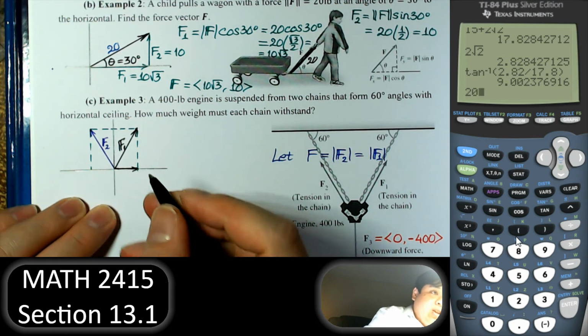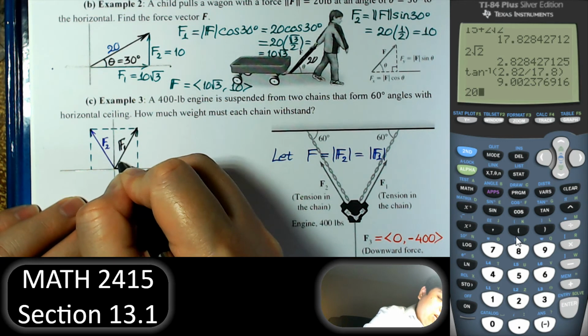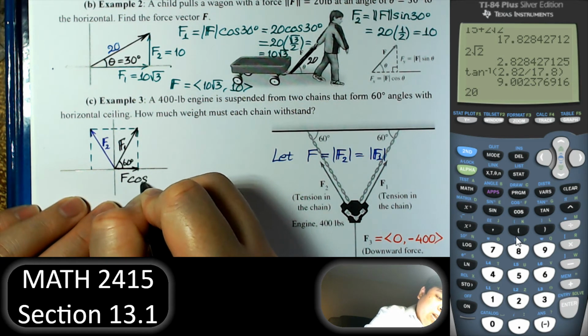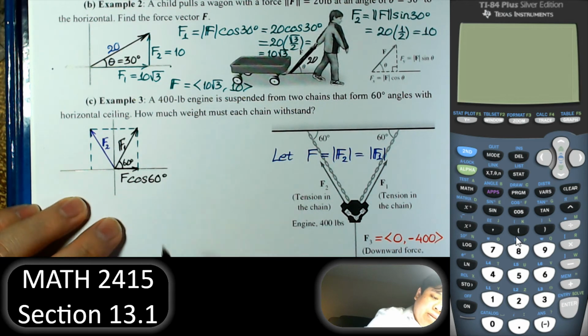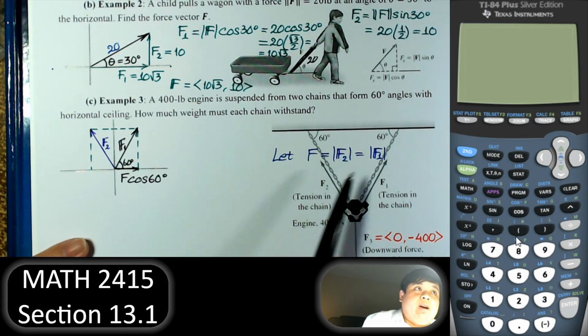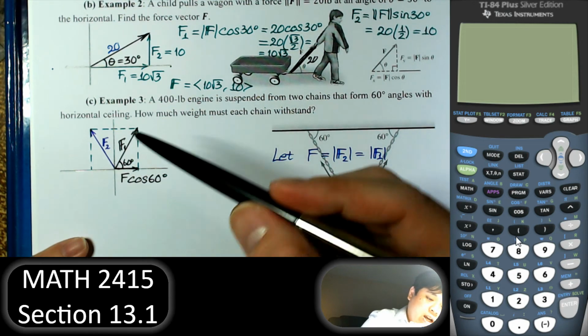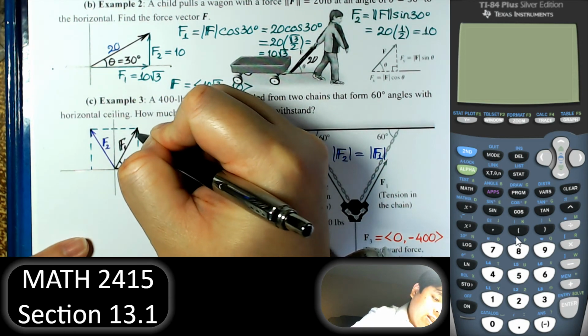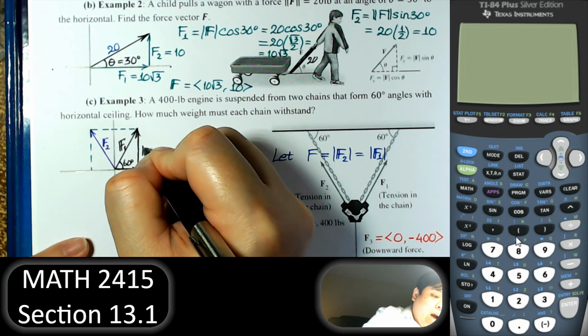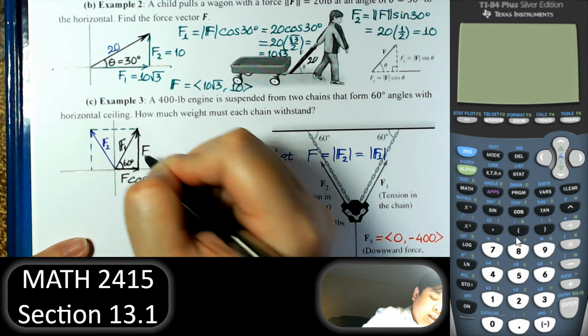This component, because it is adjacent to 60 degrees, is going to be F times cosine of 60 degrees, where F is the magnitude of F2 or F1. So that is F1 cosine of 60 degrees. Now this is opposite. Opposite is going to be sine.